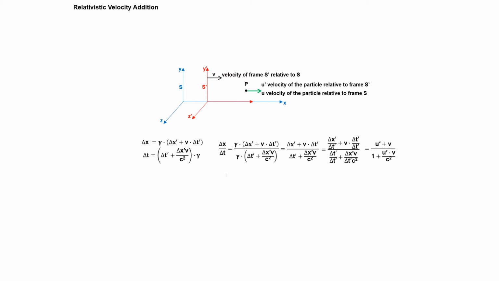Finally, we get the velocity of the particle as measured in S. To solve for u prime, the primed and unprimed quantities are exchanged, and the velocity v is replaced by minus v. Let's summarize in the figure as follows.